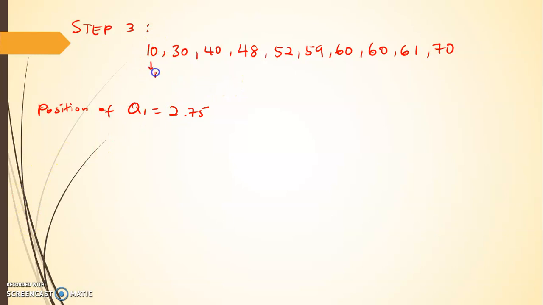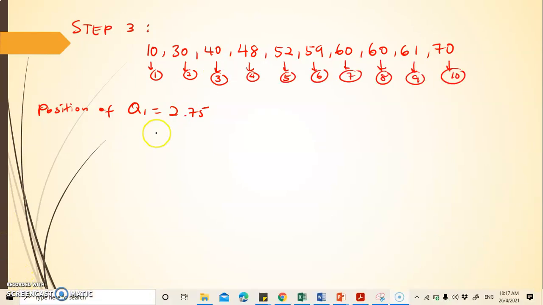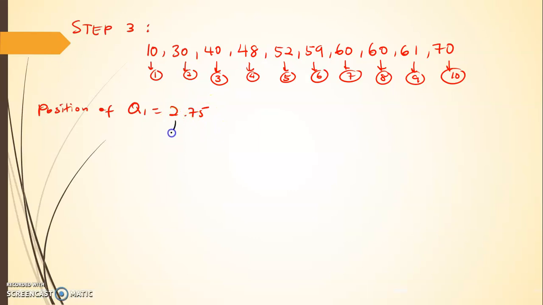This is the first position, this is the second position, and so on until the 10th position. The position of Q1 is 2.75. So we need to refer to the second position, and we need another position of 0.75.